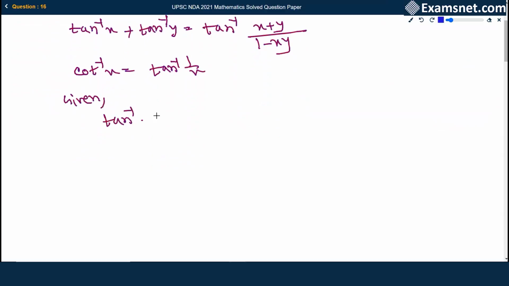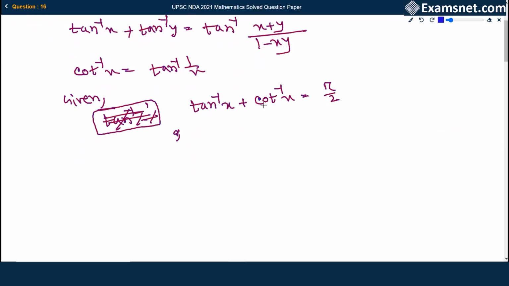Now the given expression is tan inverse x plus cot inverse x equals pi by 2. Now cot inverse x can be written as tan inverse 1 by x.